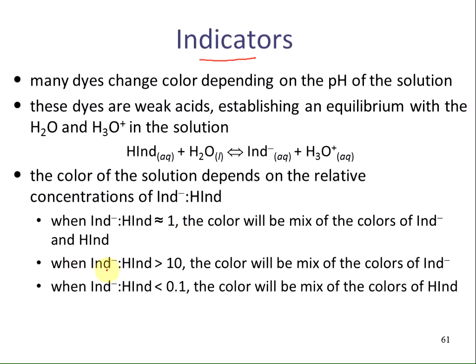When the deprotonated form of the indicator is much larger than the protonated form, by more than a factor of 10, the color of the solution will be the color of the deprotonated form of the indicator. And when the deprotonated form of the indicator is much less than the protonated form of the indicator, so a ratio of 0.1, the color of the solution will be the color of the protonated form of the indicator.